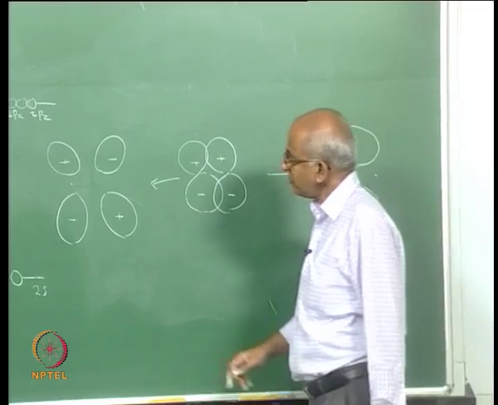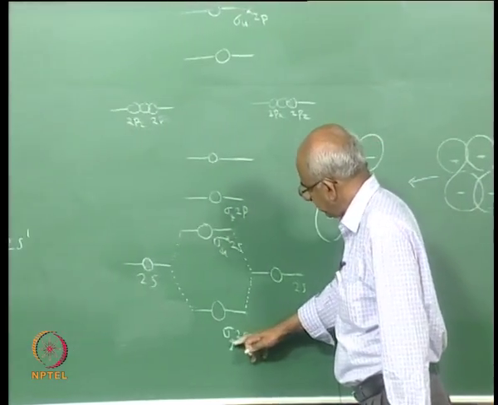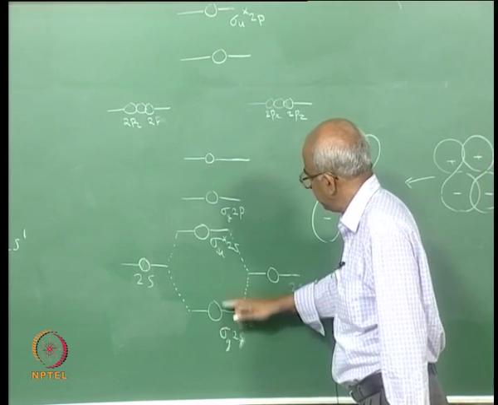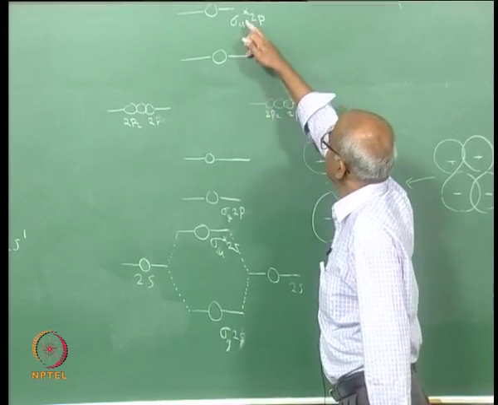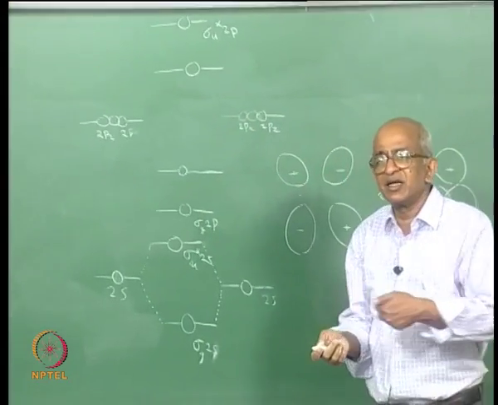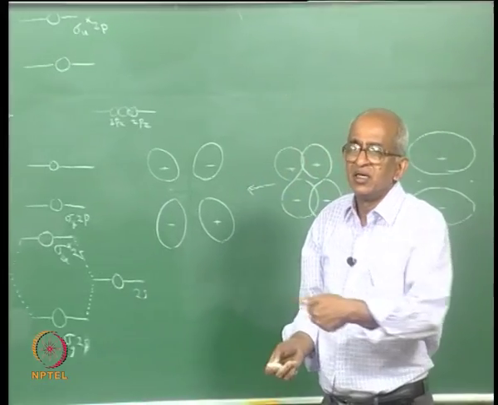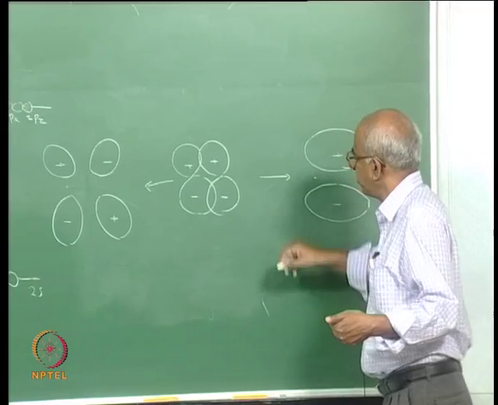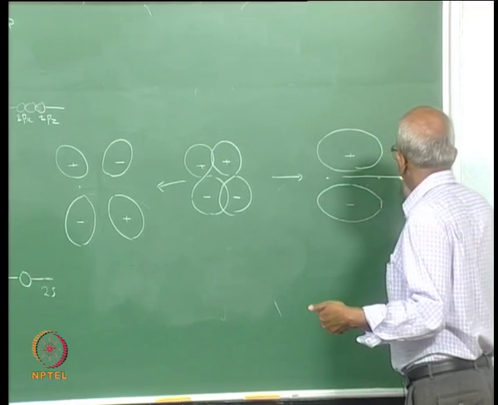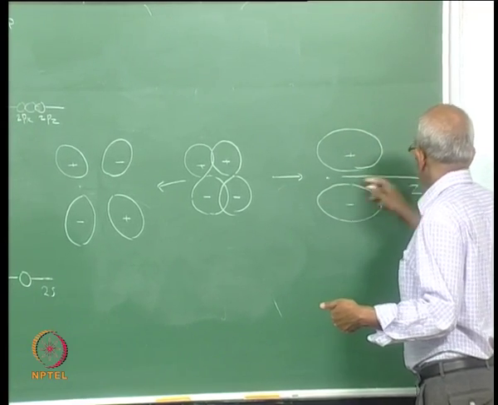Now, these orbitals that I have described, sigma g 2s, sigma u 2s, sigma g 2p, and the other one, they were all having cylindrical symmetry about the z axis, about the internuclear axis. But this one, if you look at this, suppose I rotated this orbital about the z axis, this is my z axis.